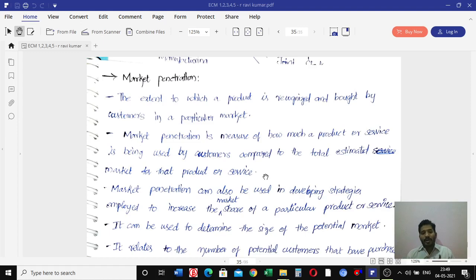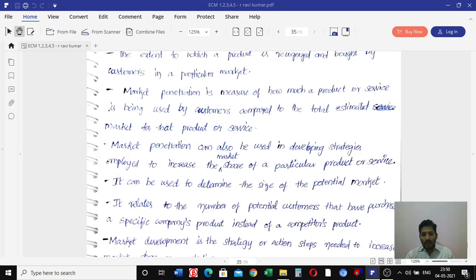So this market penetration can also be used in developing strategy. It can be used to determine the size of the potential market.